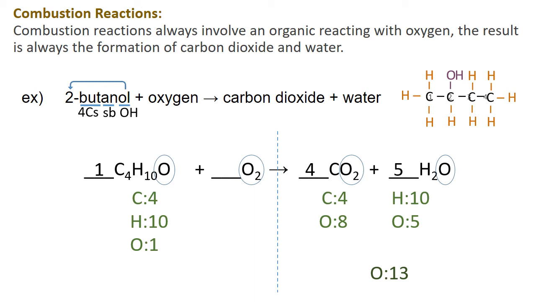So that means on the left-hand side, I will also need a total of 13 oxygen. Since butanol has already given me 1 oxygen, that means I need 12 more on the left-hand side. So I will place a 6 in front of the O2. And now my combustion reaction is balanced. It is complete. It is good.